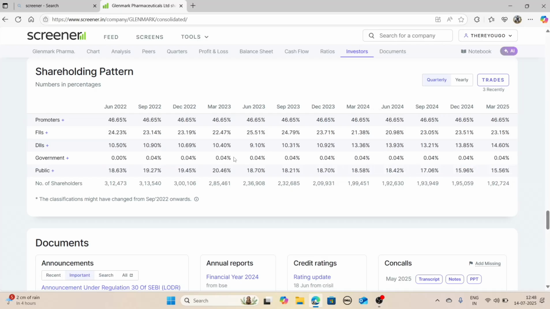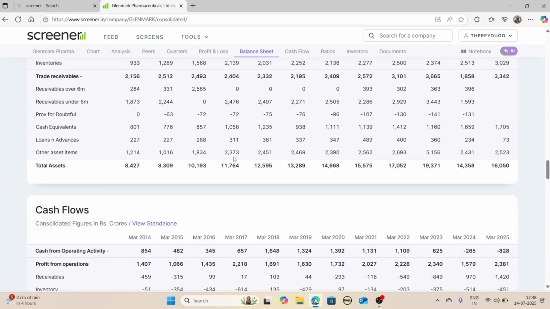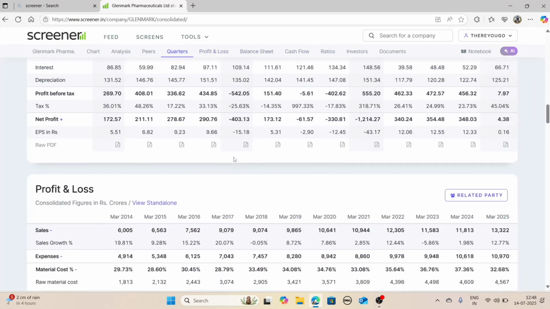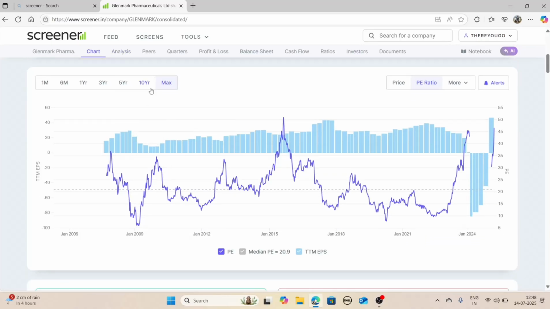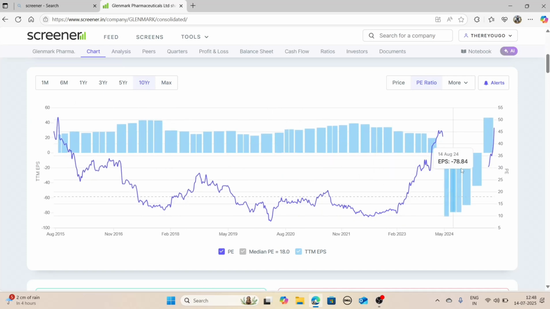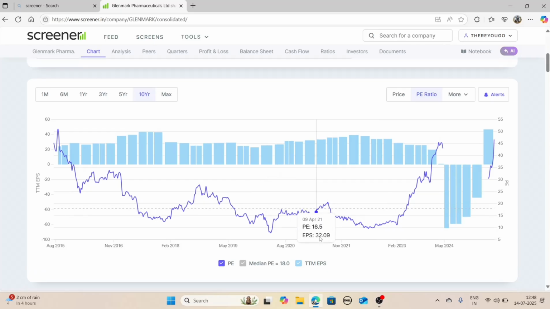It looks like the public is losing interest in the company. Also, the company is not doing that well, and it is overvalued as compared to its P/E, current market price, book value, and all. So I can see that it is better to avoid this company for now.